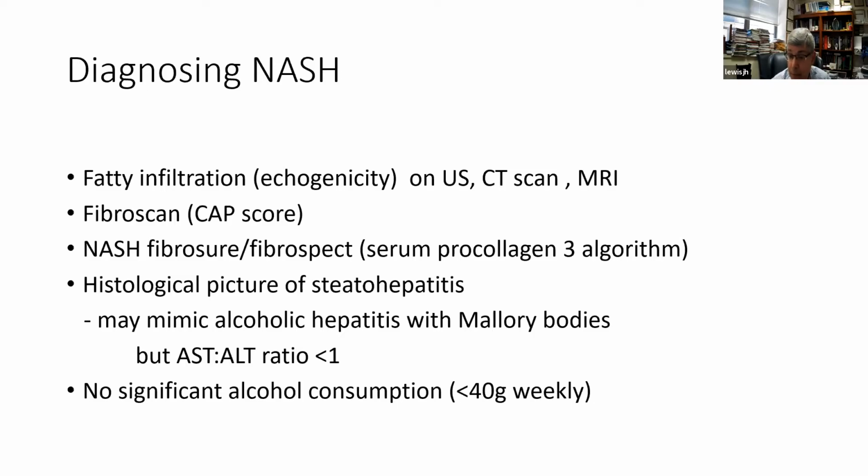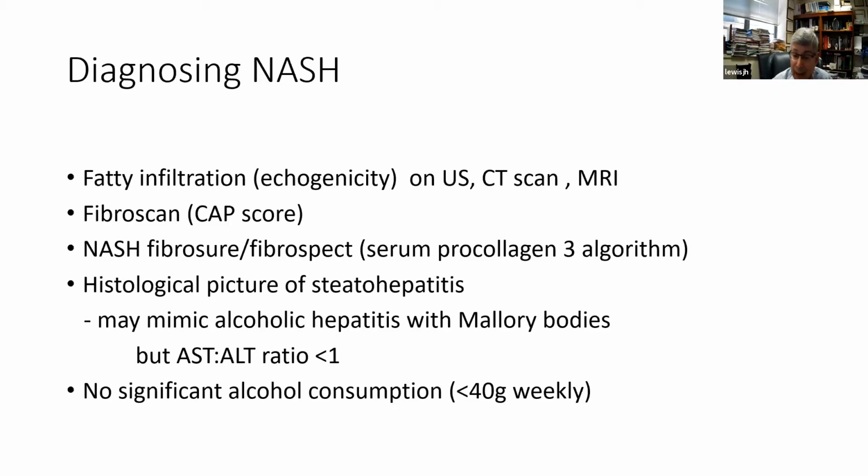We can do that point of service in many instances. You can also do one of the blood tests called a FibroSure or FibroSpect, which are specific for NASH, although they're all algorithms based on procollagen 3. Not as accurate as a FibroScan. Biopsies are done, but less and less these days.